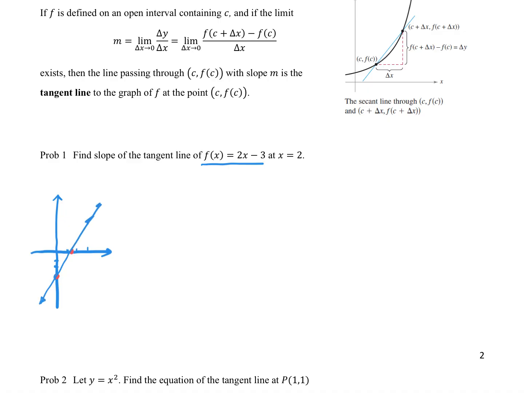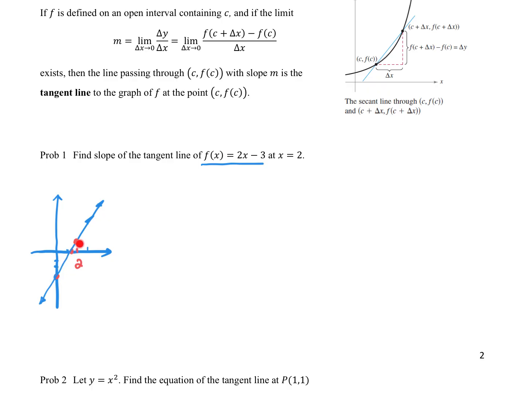Here's the question: we want to find the slope of the tangent line when x is equal to 2. So this is where x is 2, and at this point we want to find the slope of the tangent line. Again, imagine that you're driving a car on this road.